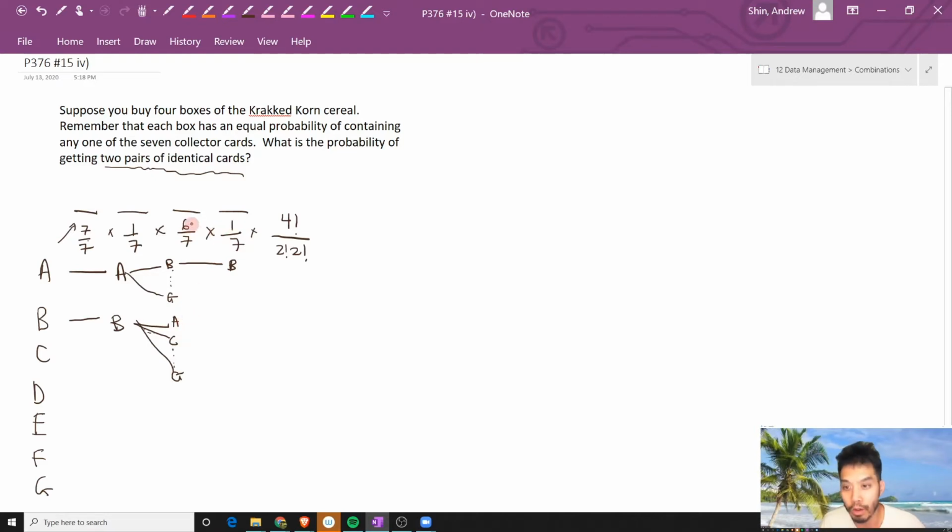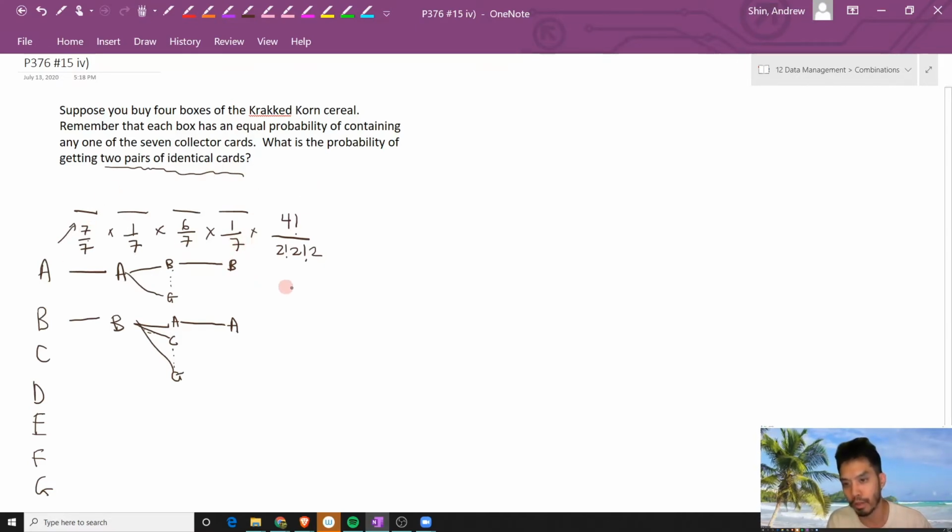And then times 1, which means it has to be the same thing over here, which means that this is A as well. So do you see how A, B, B, A is kind of repeated here? We've over-counted how many different ways we can get that. So we have to divide by 2 again, so that we don't overcount the number of ways we can get it.